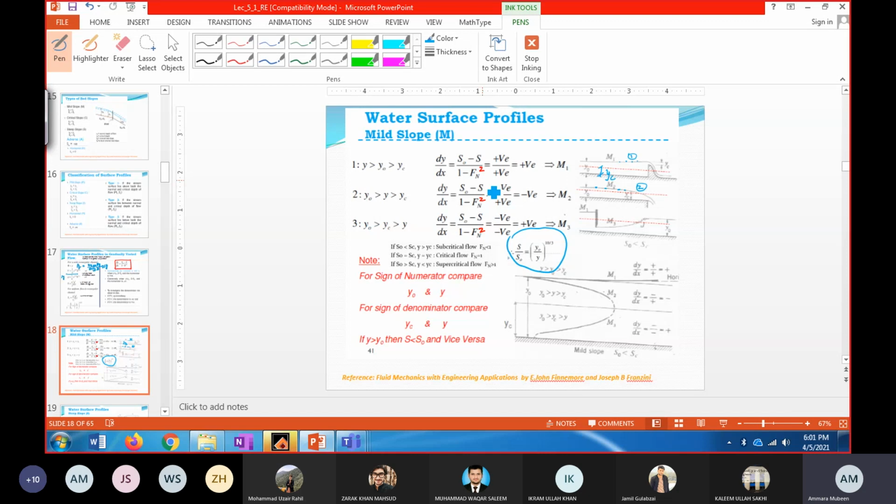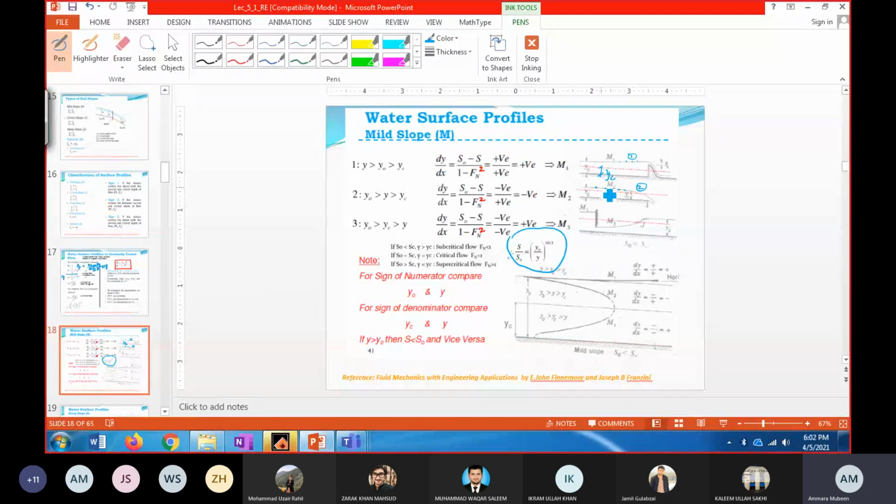So if S is greater than S naught, then the numerator will be negative. Similarly, as the flow is subcritical here also, the denominator is positive, as Froude number would be less than 1. So negative, so you can classify the M2 profile as a negative slope profile.